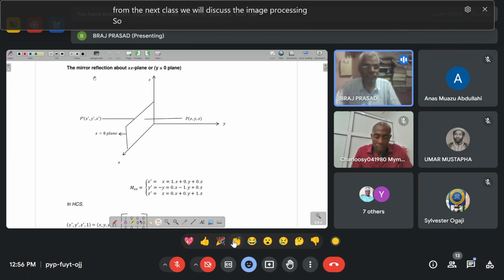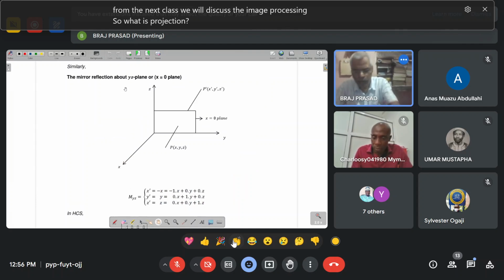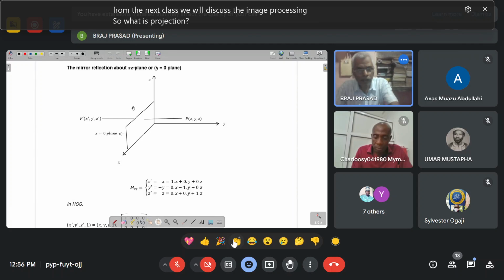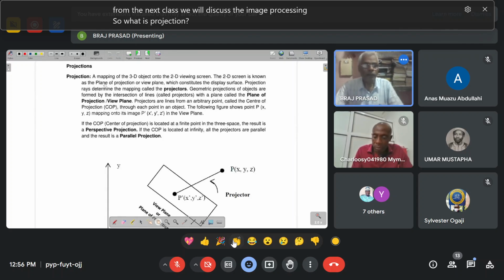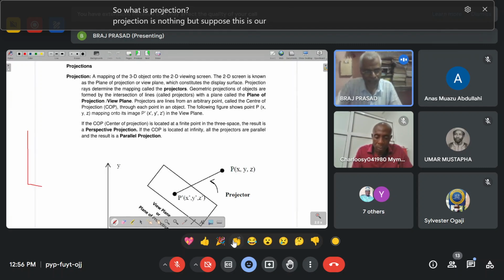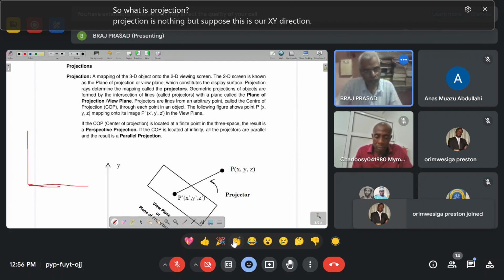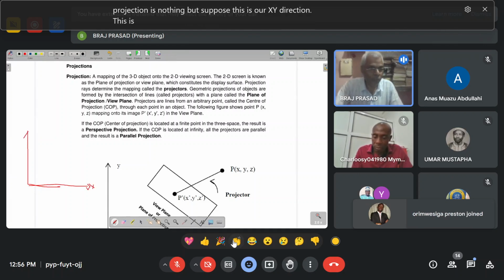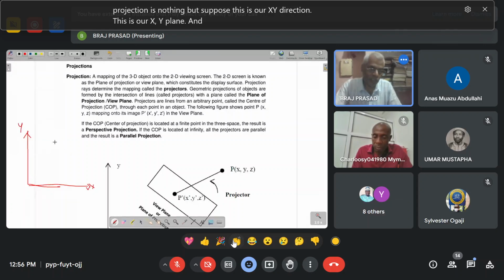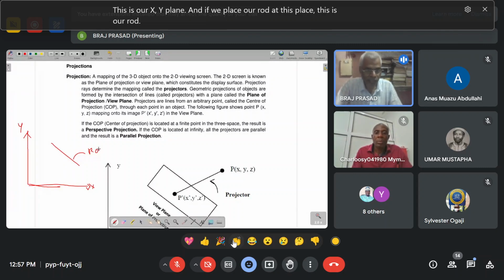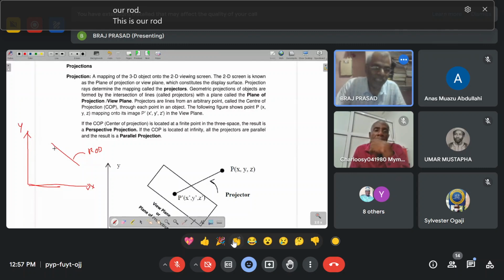So what is projection? Projection is nothing but, suppose this is our xy plane, and if we place a rod at this place, this is our rod or any stick.